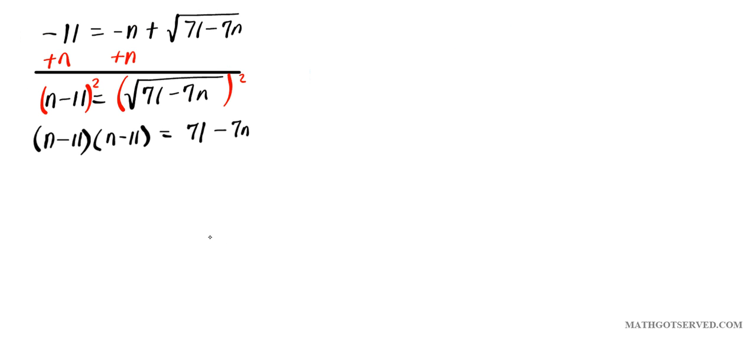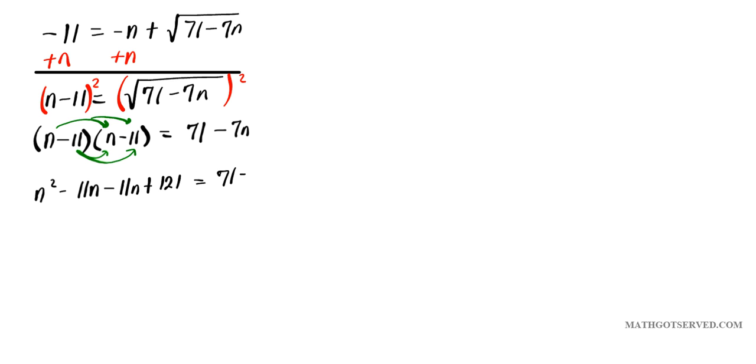All right, let's go ahead and simplify the left side completely. First, outer, inner, last. Just distribute, or you can use the box method, whichever method makes you happy. So you have n squared minus 11n, first, outer and inner minus 11n, and then last is plus 121.